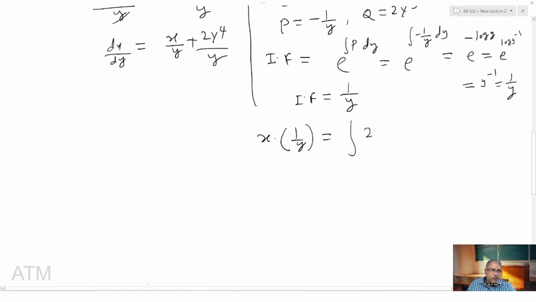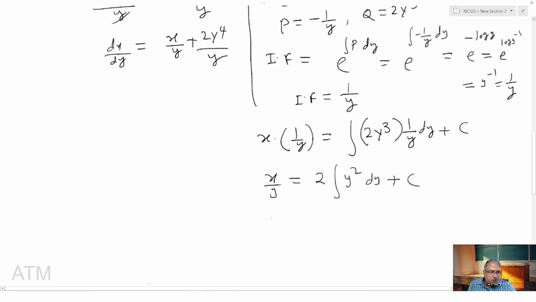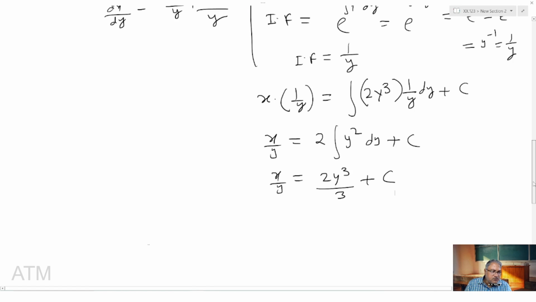Q is 2y^3, and the integrating factor is 1 upon y, dy, plus c. So x/y equals 2 taken outside, the integration of y square with respect to y, plus c. So x/y equals 2y^3/3 plus c.